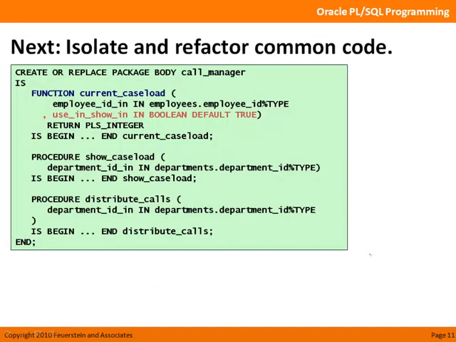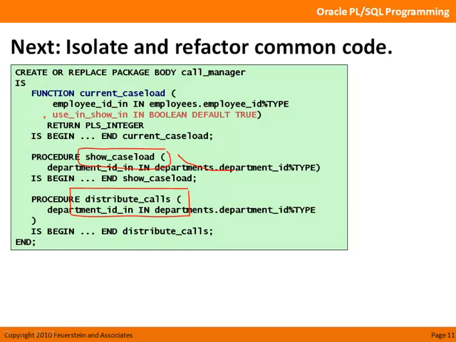Instead, I should take the program show caseload and the core logic out of its current location and create a separate program that I can use in both places. So I previously just had show caseload, and that gets the caseload, calculates the caseload, and displays it. But I now need to call that, or I need to get the current caseload in distribute calls.